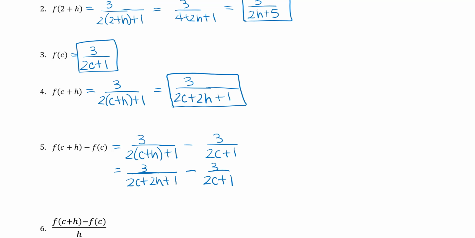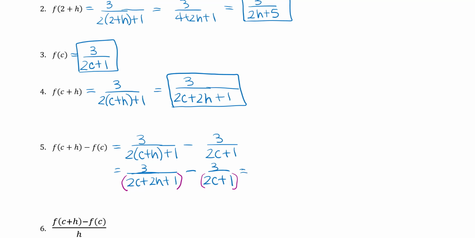All right, then if I want to combine things here, I'm combining fractions, so I actually need a common denominator to combine those fractions. So when I look at the denominators here, I need to think about this in terms of factors. And really, I've got one factor of 2c plus 2h plus 1 as one whole factor, and then another factor of 2c plus 1 as a separate factor on the denominator.